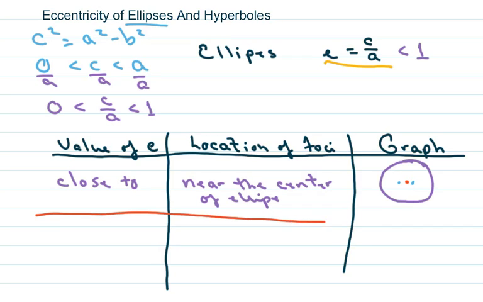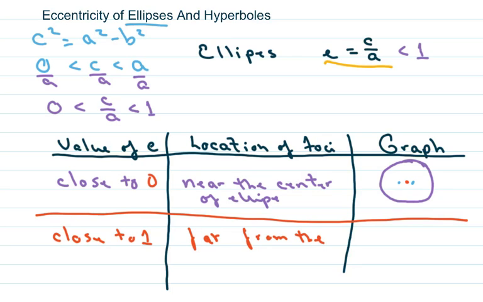However, this is close to 0. If it is closer to 1, then the foci are far from the center of the ellipse.